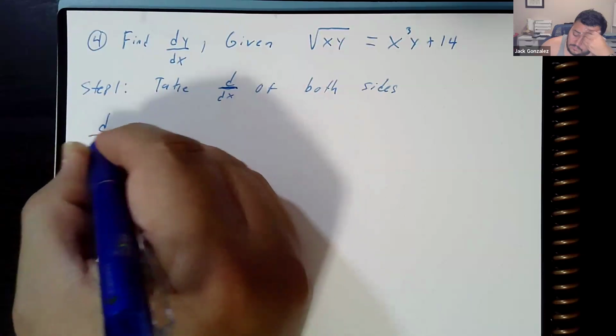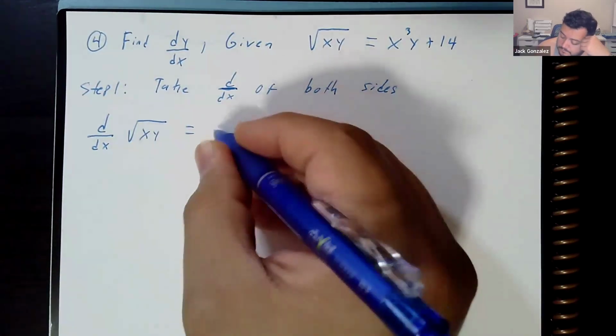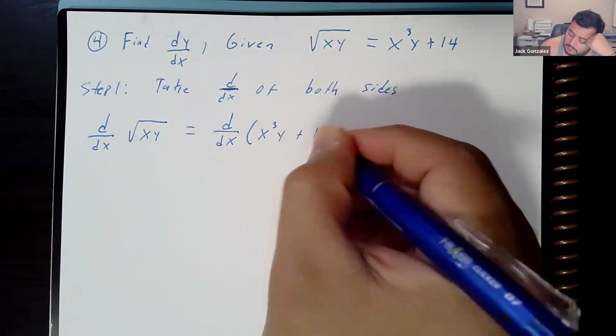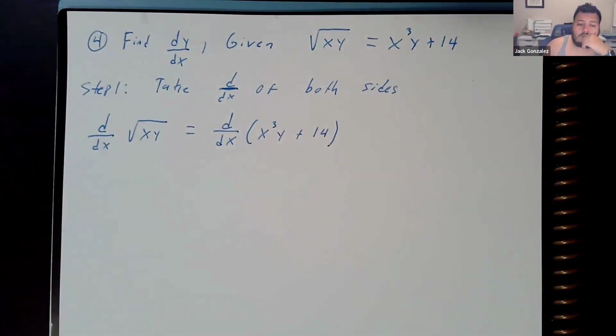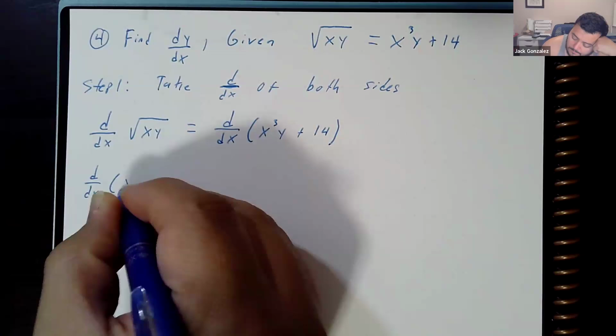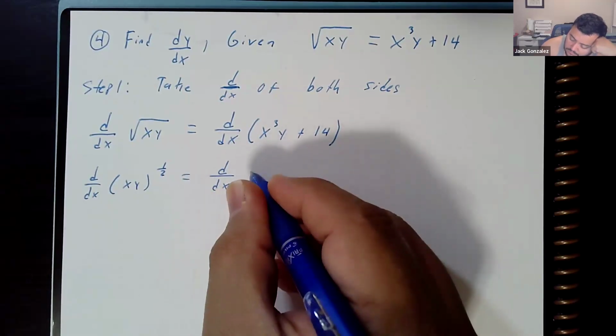Okay, so do d/dx of each side. First step, change this to a power. We're going to do d/dx on each term.